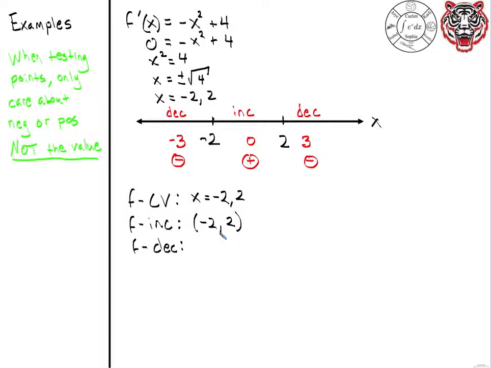And where is it decreasing? -3 to -2. Careful here, because technically we go all the way out to negative infinity. Yep, so it's going to be negative infinity to negative 2.